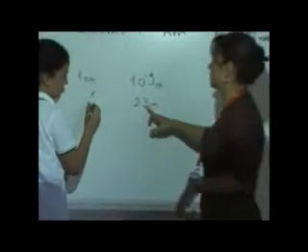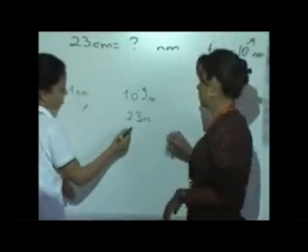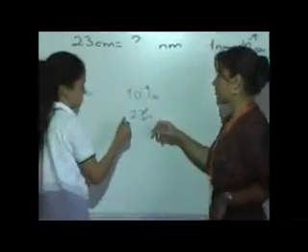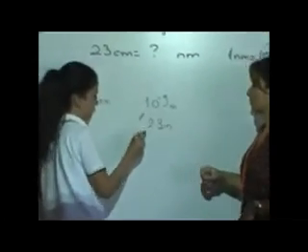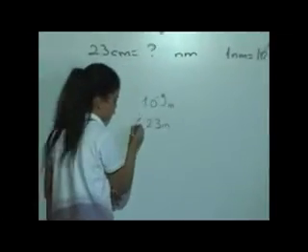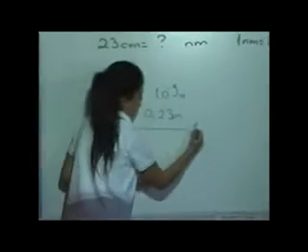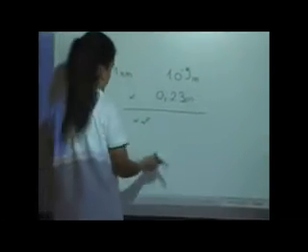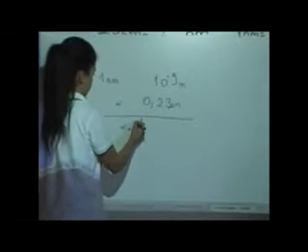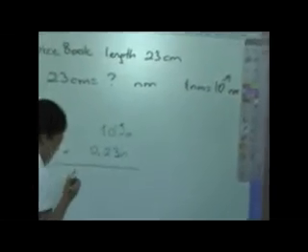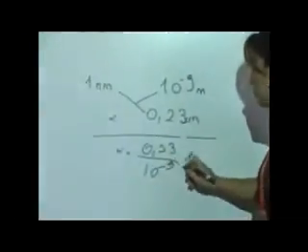That's not 23 meters, 23 centimeters. How many meters does it make? Okay, you will divide 0.23 to this.